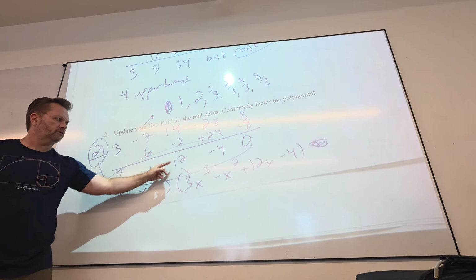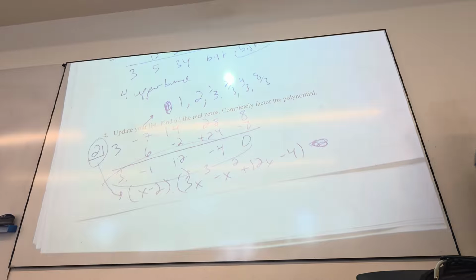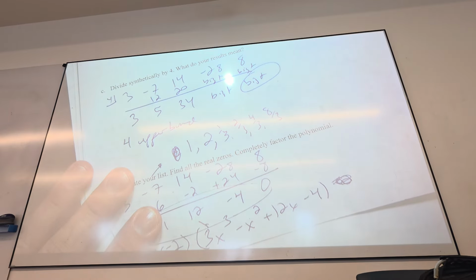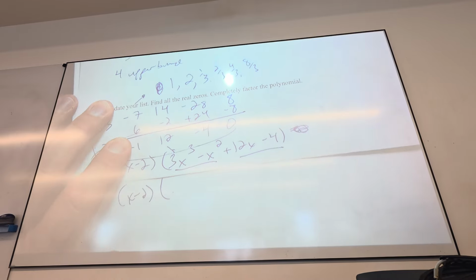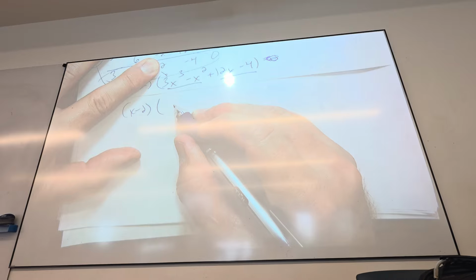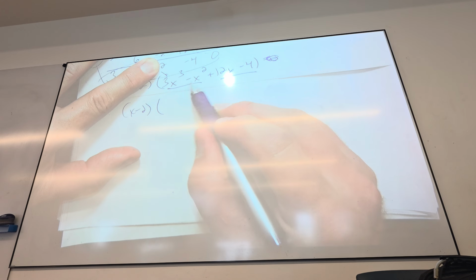All right, so if you haven't done that yet, go ahead and try to group that. Factor that bad boy. Let me see what comes out of these 2 here.